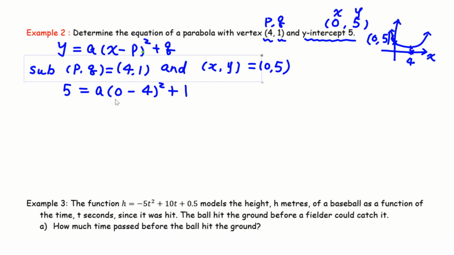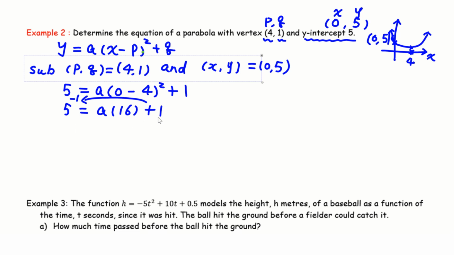So we are going to have 5 = a(0 - p)^2 + q. We do the bracket first: 0 minus 4 is -4, and (-4) squared gives you 16, then plus 1. In order to solve for a, we isolate a by moving numbers to the other side.